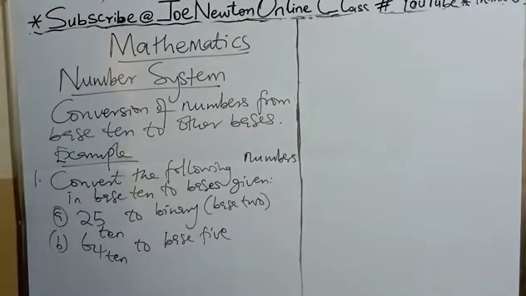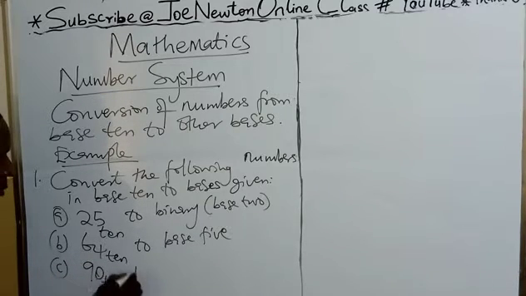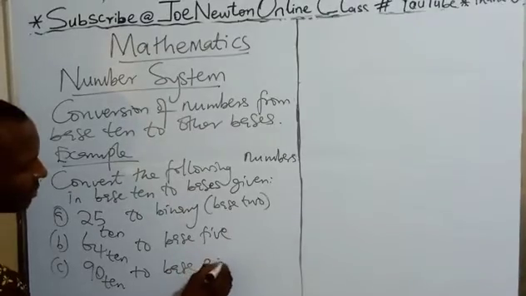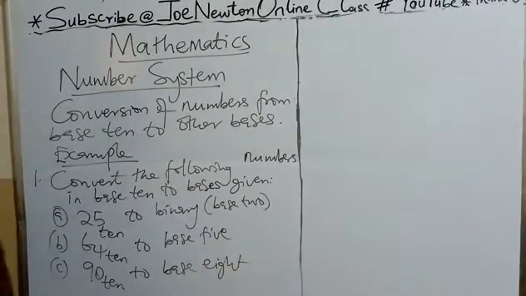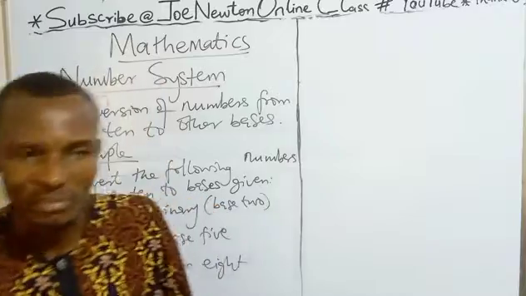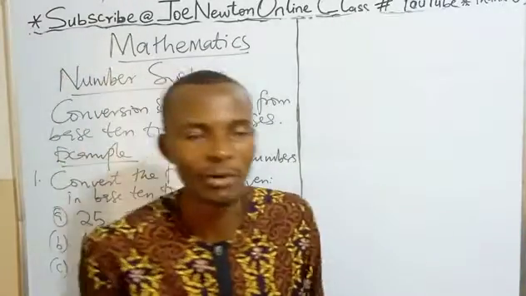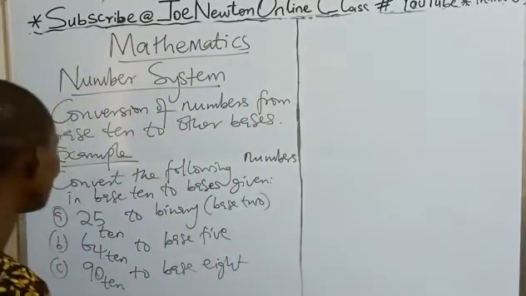Then C, you're asked to convert something like 90 base 10 to base 8. So you might be required to convert a number from base 10 to base 2, base 3, up to base 9, for example. Now let's continue.